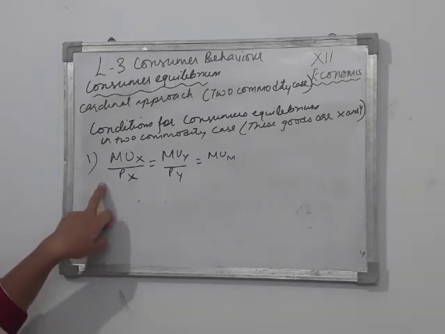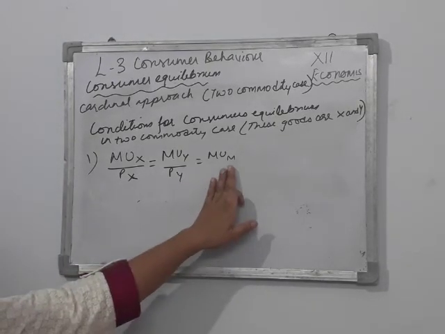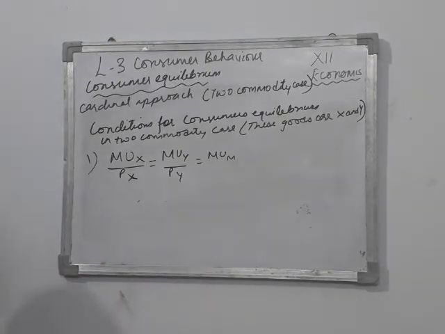So this is the first condition: MUX upon PX should be equal to MUY upon PY, and MUM stands for marginal utility of money.